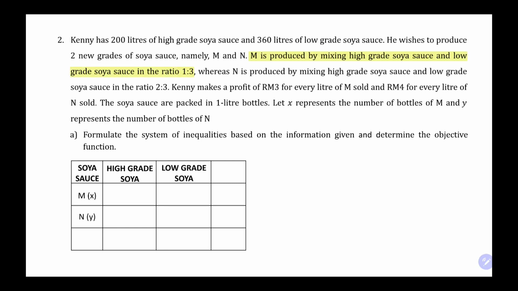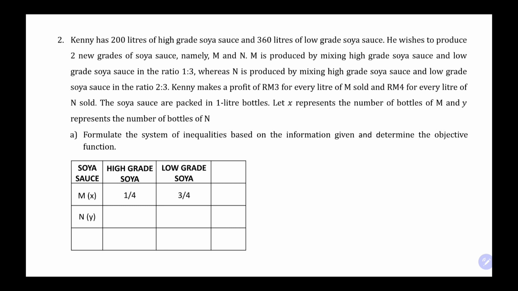Bottles M produced by mixing high-grade soya sauce and low-grade soya sauce in the ratio 1:3. So, M high-grade soya is 1/4, where 4 comes from 1 plus 3. Low-grade soya is 3/4. Total is 4.